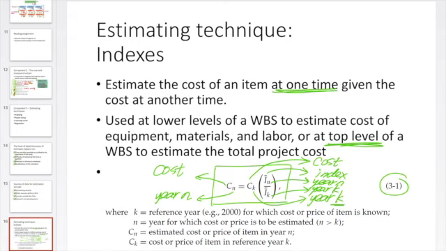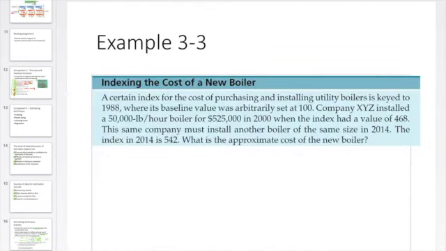And that cost is times a ratio between the two indices. The two indices are the index of the same product in the year N, which is the unknown year, over the index of the same item in the year K, which is the year you're given the price or the cost. Okay, so that's the structure of this formula.